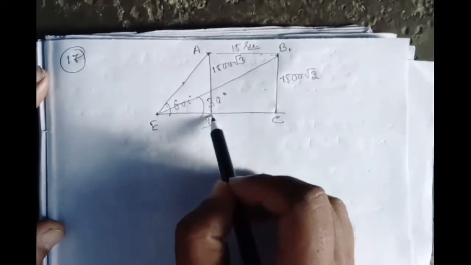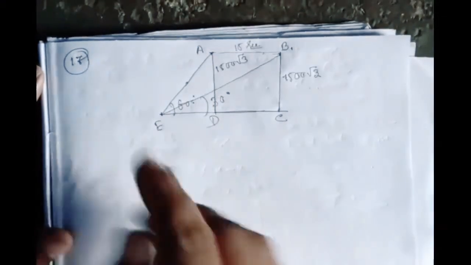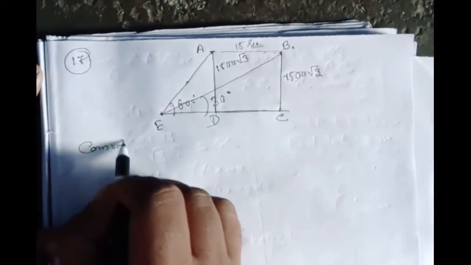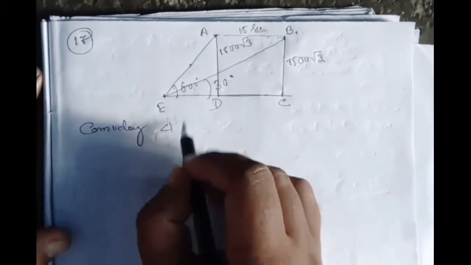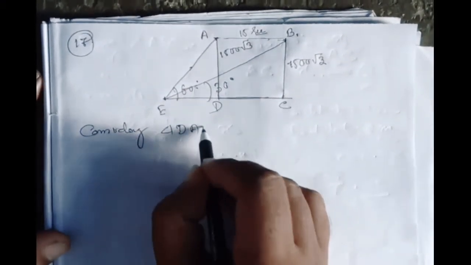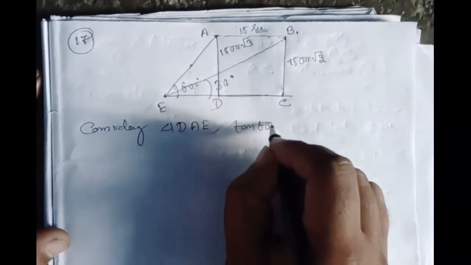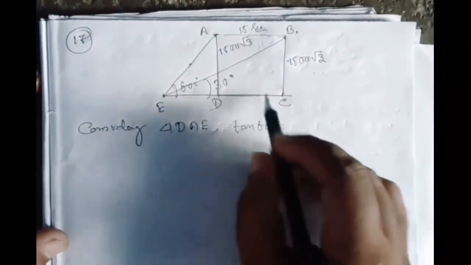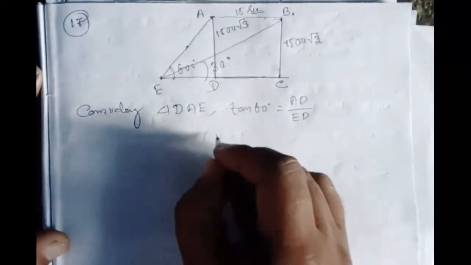So we have to find the distance DC. Considering triangle DAE, tan 60 is equal to AD by ED.